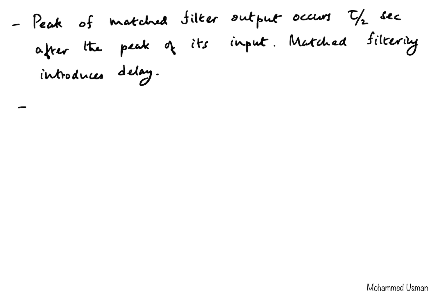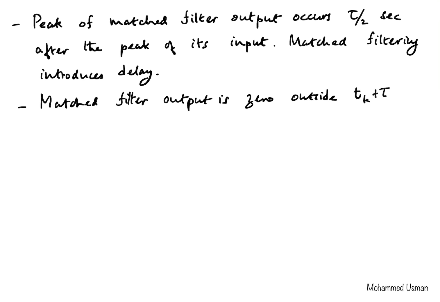So matched filter output is 0 outside Tk plus tau and Tk minus tau. So therefore we say that matched filter has no intersymbol interference.